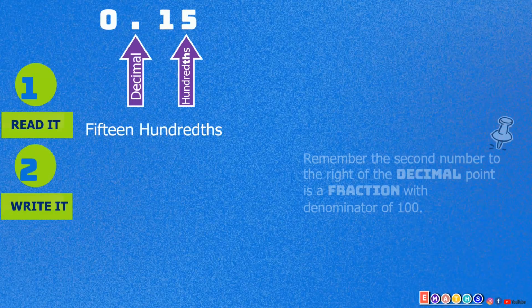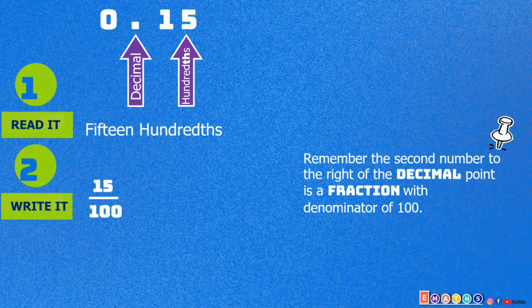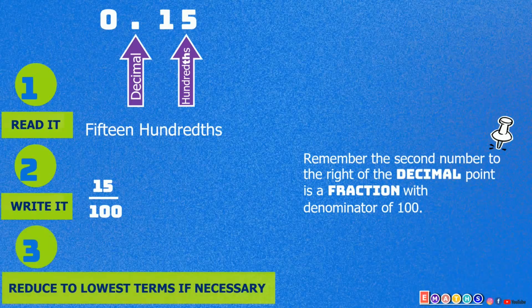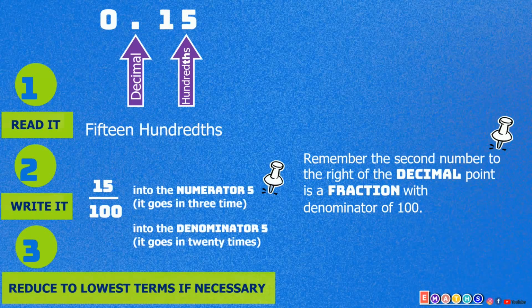Write it. Remember, the second number to the right of the decimal point is a fraction with denominator of 100. 15 hundredths. Reduce to lowest term if necessary.